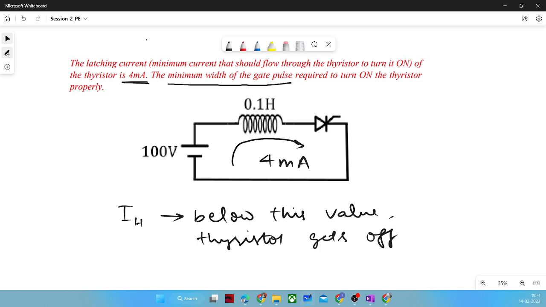If at minimum this much current flows through the circuit, your thyristor will be turned on. And to flow this current, for how much width, generally we deal in terms of pulses, right, in power electronic circuits. So how much width of these pulses we should consider, that we have to think.